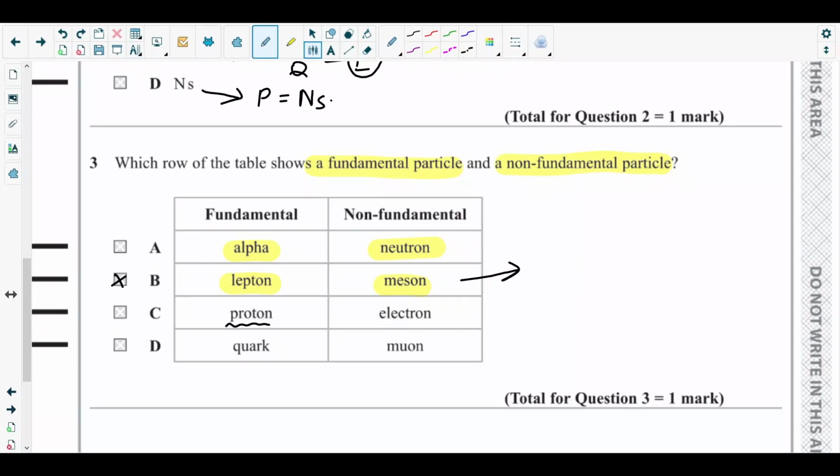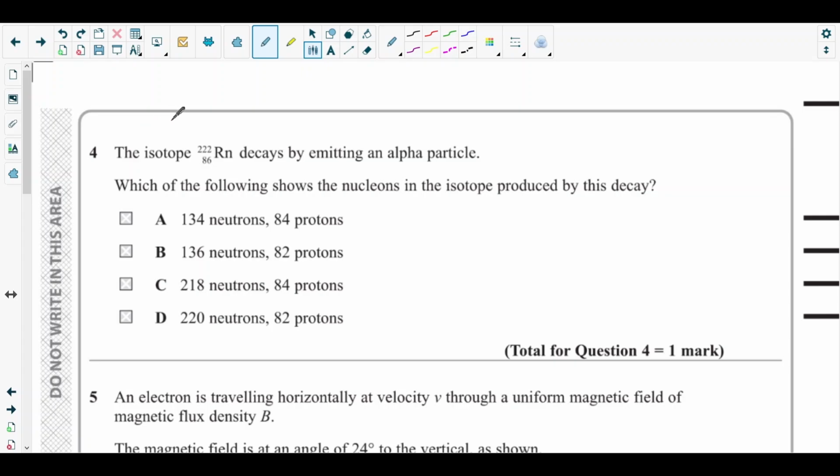Fine. Okay, next is question number 4, the fourth MCQ of the paper. It says the isotope radon-222, with mass number 222 and proton number 86, decays by emitting an alpha particle. Which of the following shows the nucleons in the isotope produced by this decay?